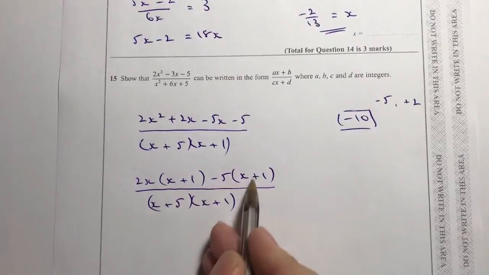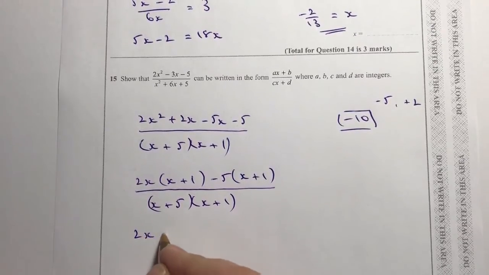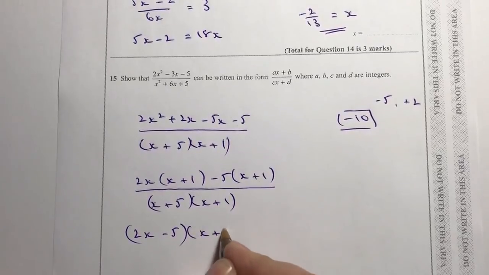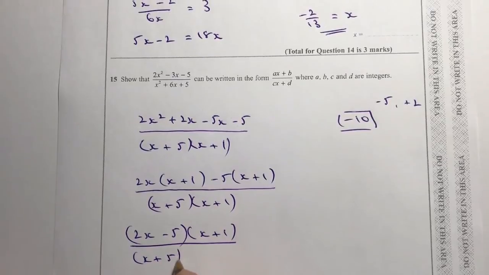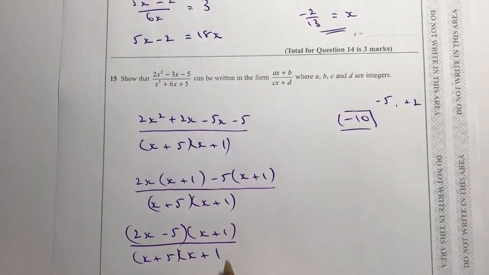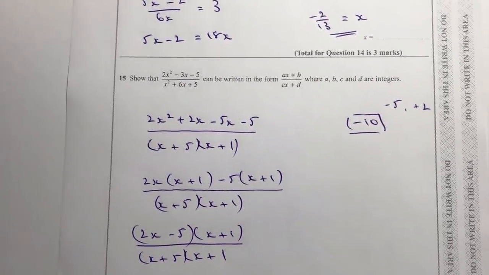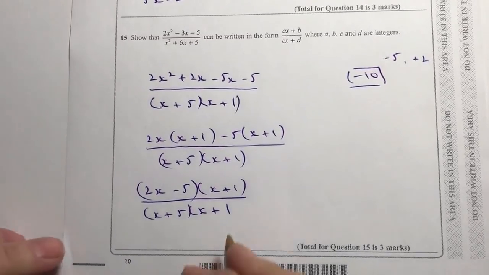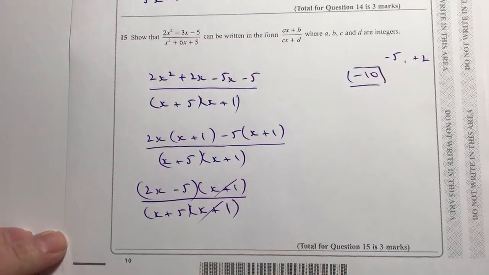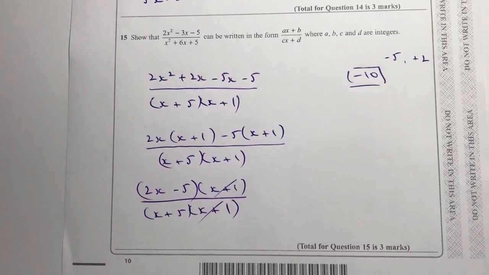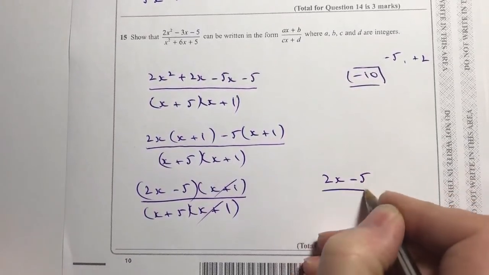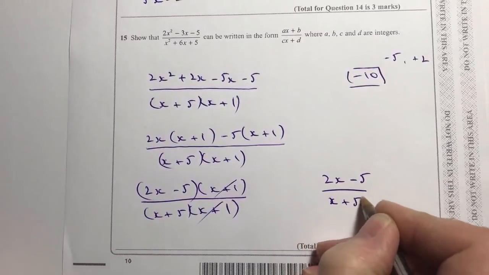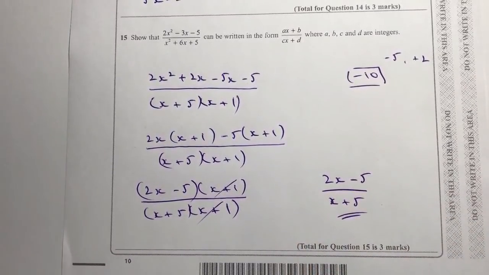Now I can rewrite the one at the top as 2x minus 5 times x plus 1, and the bottom as x plus 5 times x plus 1. So it allows me just to cross out the common factor, and the end result is 2x minus 5 divided by x plus 5, and that's the answer to this particular question.